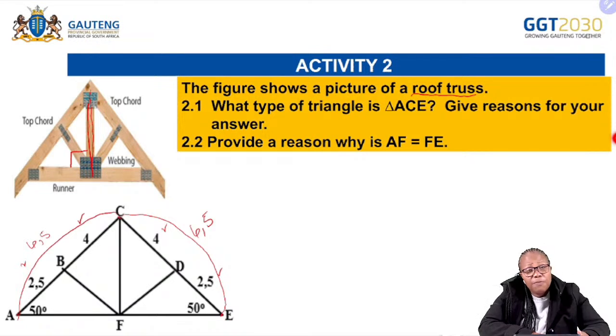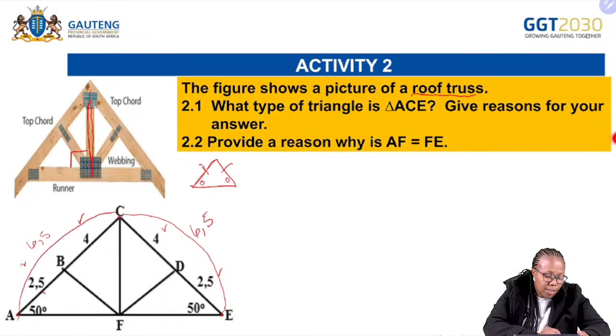And what type of triangle is that one? It's an isosceles triangle, a triangle whereby you have two sides equal. If that is the condition, remember the base angles must also be equal. Is that the case with this one? Yes, we have a 50 degree angle there and also a 50 degree angle there. Therefore, this is an isosceles triangle.